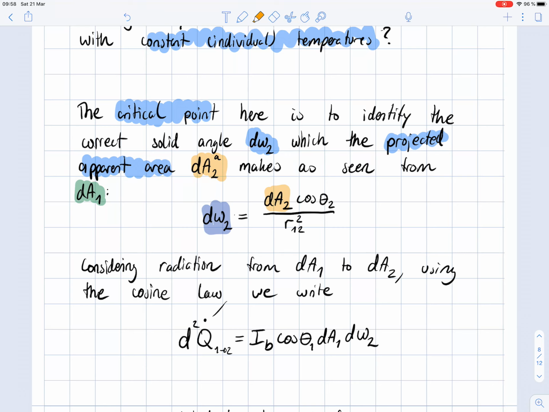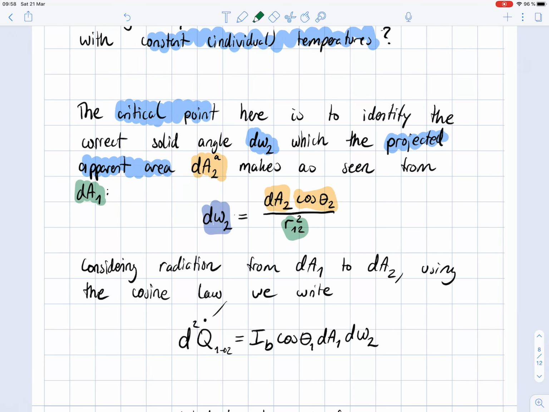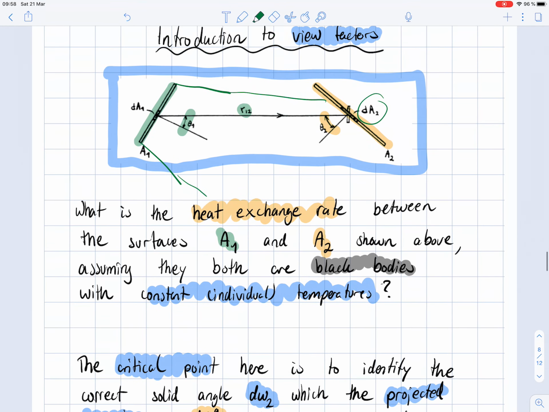It is then the actual area multiplied with the cosine of theta 2, divided by r1,2 squared, which is the distance between the plates here.